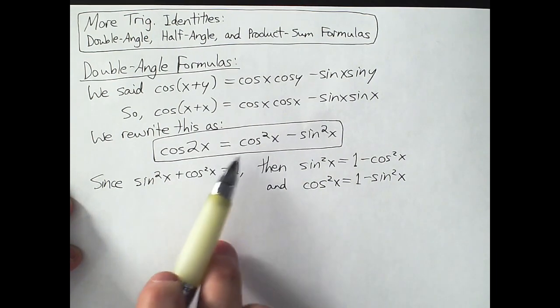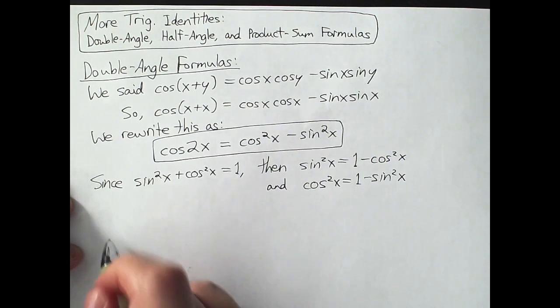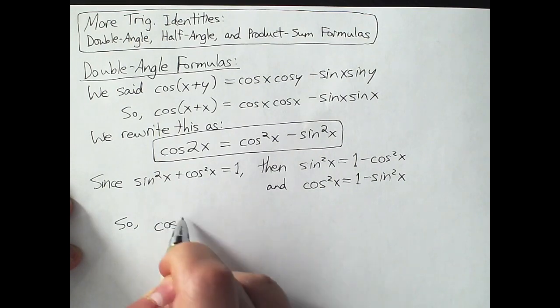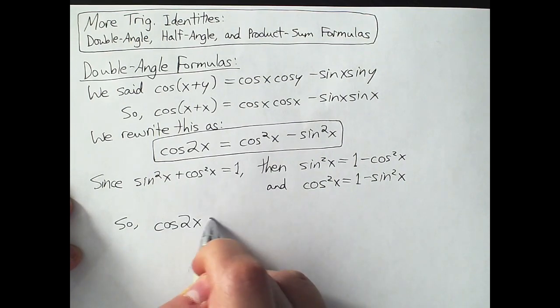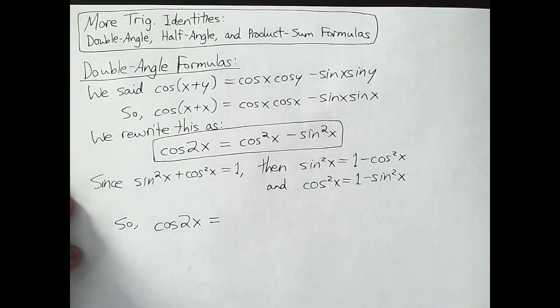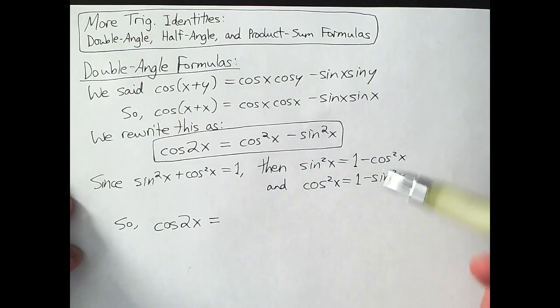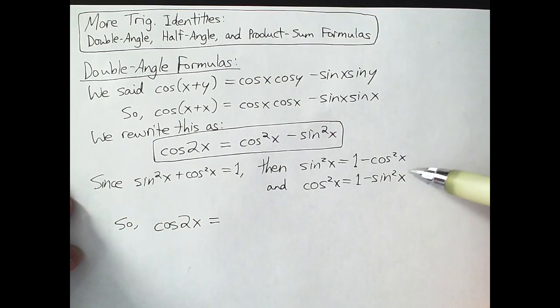So we could put that into this double angle formula. And that's why there are 3 different versions of the double angle formula for cosine. You take the one that we put a box around and merge it with either of these 2 statements.